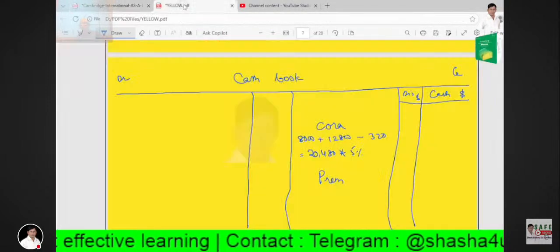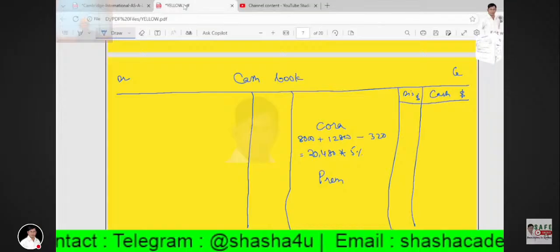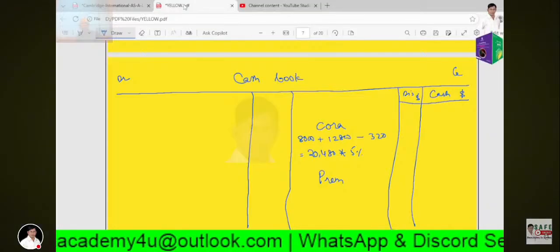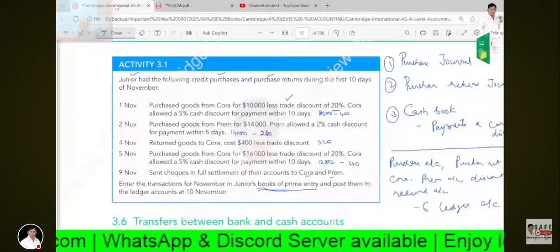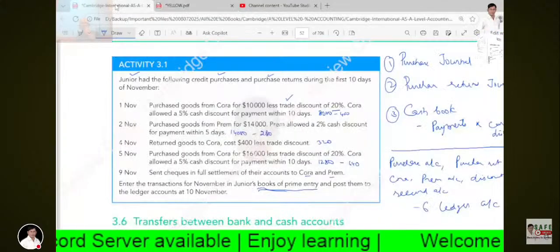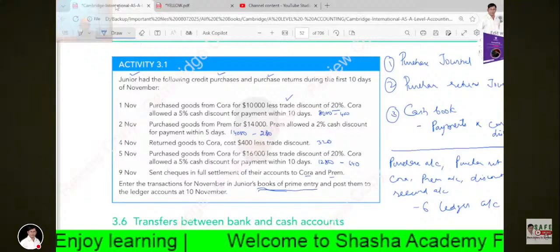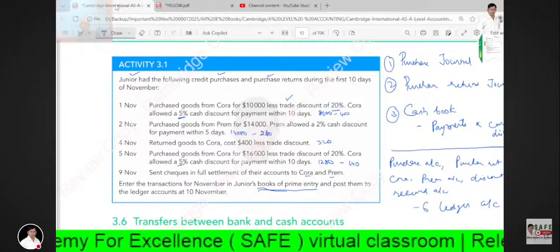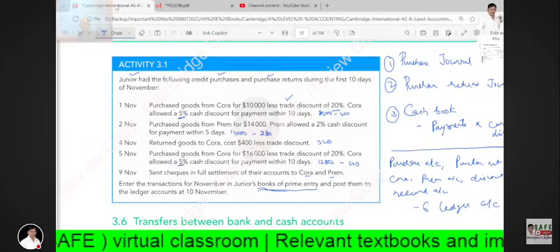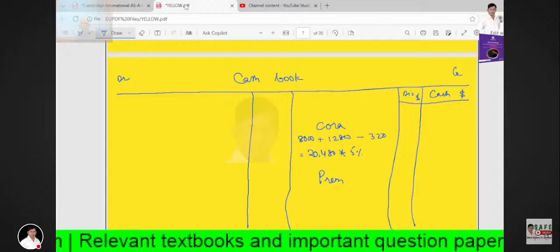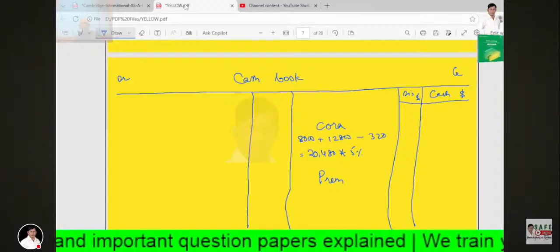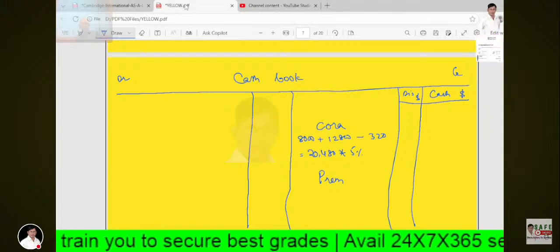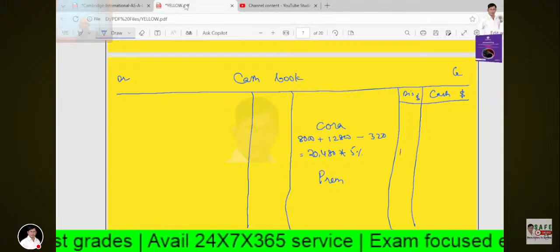So net purchase is 20,480 and discount is 5%. Be careful, sometimes the rate of trade and cash discount will be different. In this case, here also it's 5% cash discount, so there is no variance and it is the same. That's why you can take 5% cash discount on this. You will have to pay 20,480. On that, 5% will be 1,024.